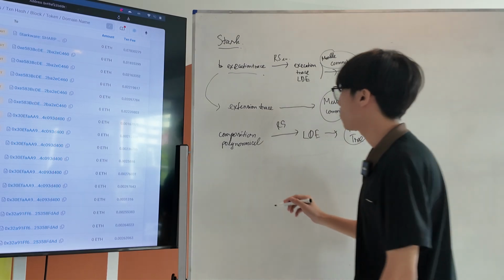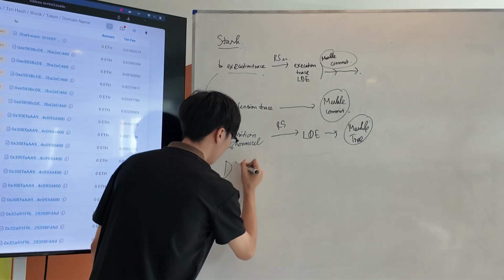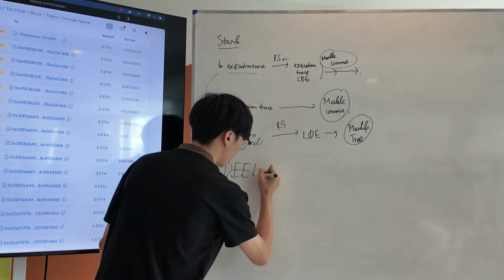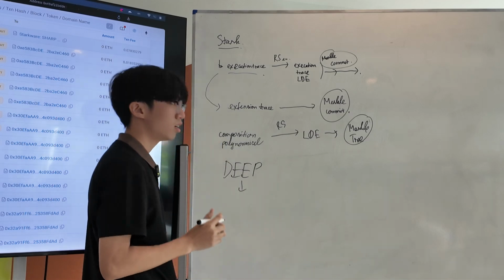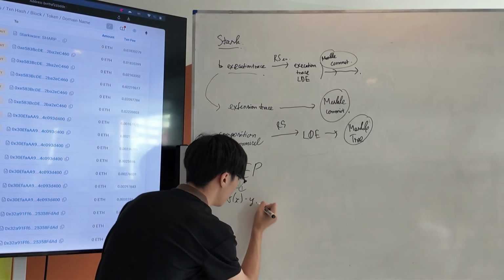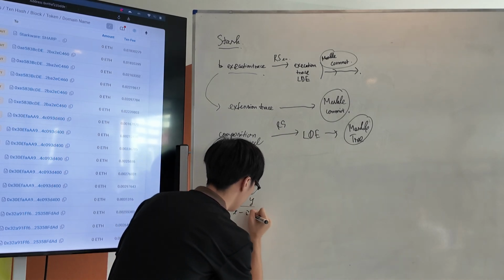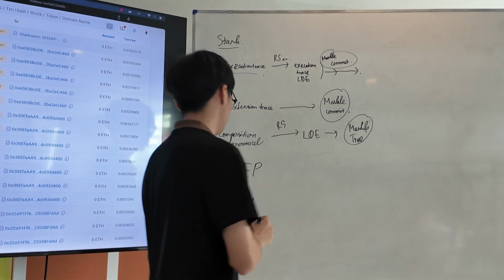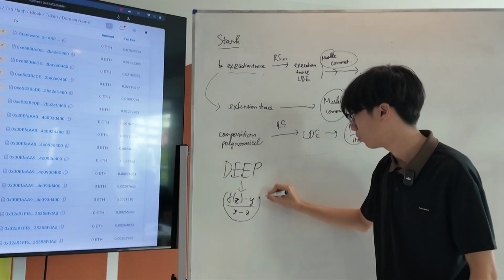So next you will use the DEEP method, right? And finally you get the quotient constraint with the form of this. And so you use FRI to prove that.